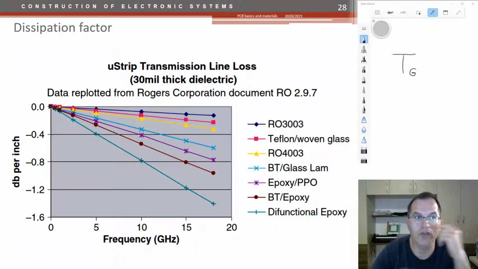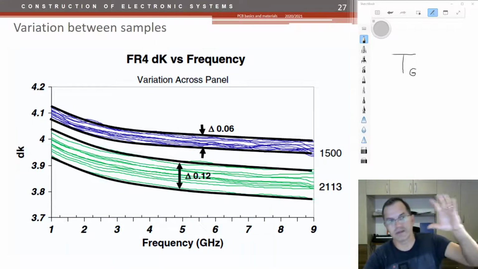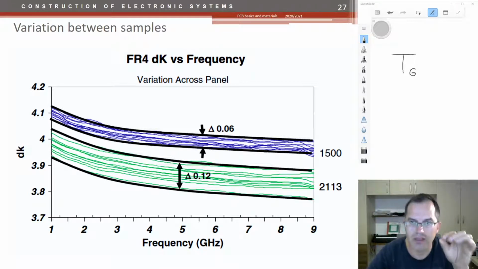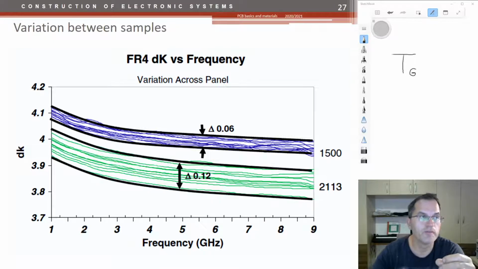So you have to order a type of material that would exactly fit a certain dielectric constant, and therefore your production manufacturer would have to calibrate all these properties to assure correct operation of your PCB.